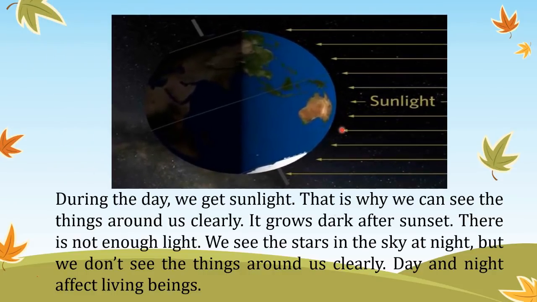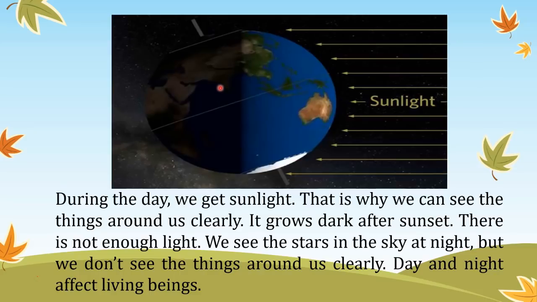So students, as you can see in the picture, this arrow indicates the sunlight. So as the sunlight falls on the half portion of the earth, the remaining half part remains in dark.